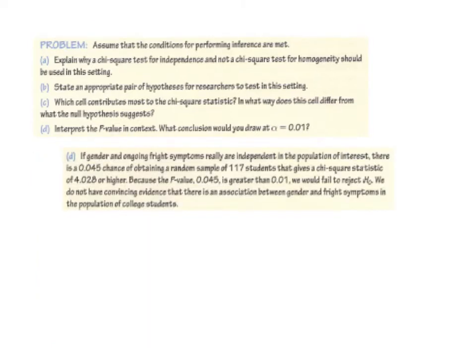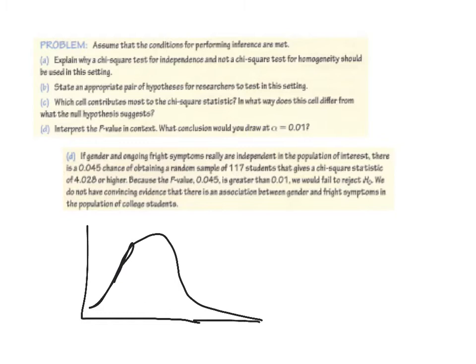So in part D, when we're interpreting the p-value here, so there's our curve, right? And so our test statistic is at 4.028. Oh, that's not right. So here's our p-value, right to the right of it, 0.045.